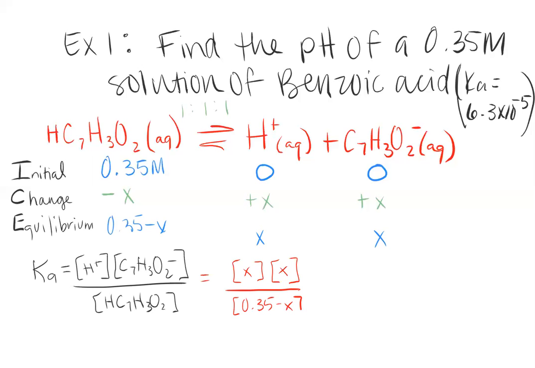Now, for these early on problems, we'll talk about why a little later, but for these early on problems, we're going to neglect the subtraction of X. Why? There's something called the 5% rule. It makes less than a 5% difference in the final answer when we subtract X because we're looking at such tiny values.